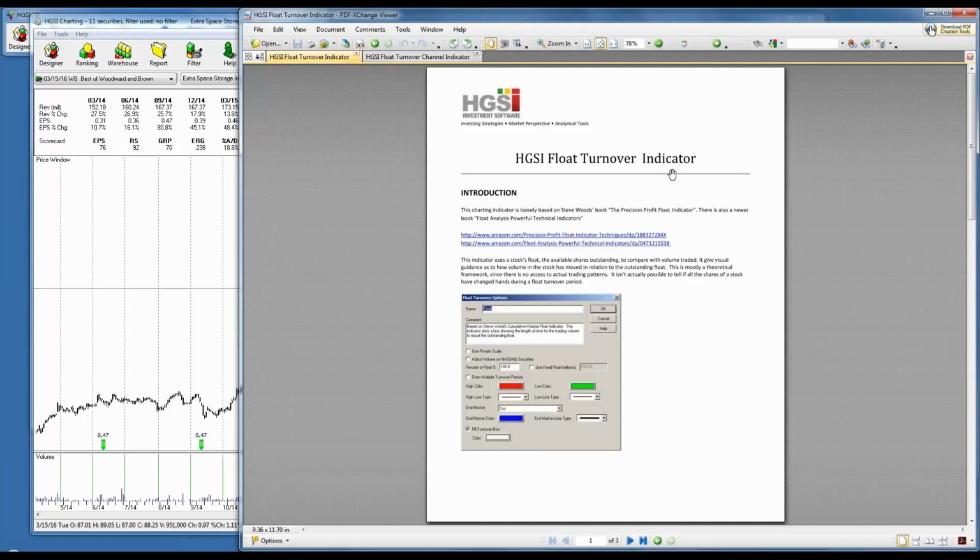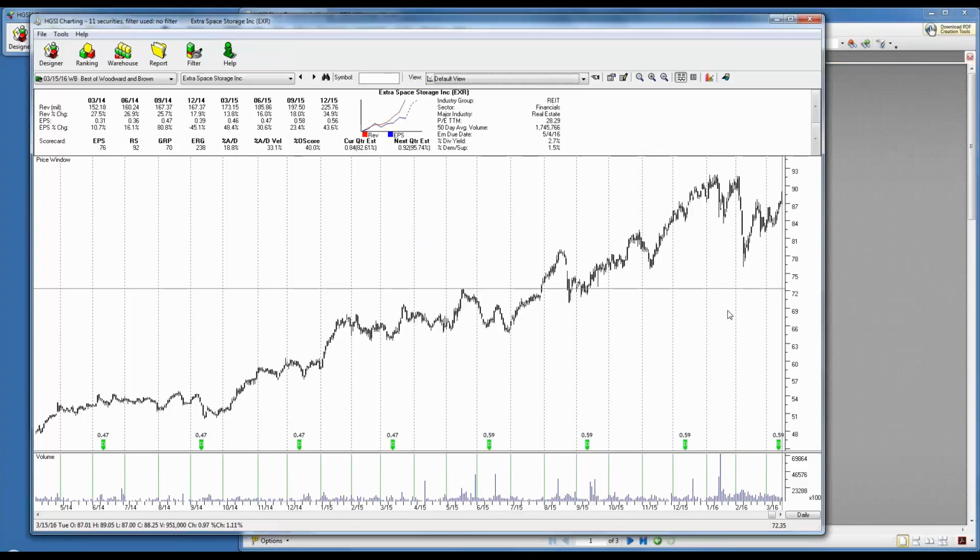Basically, the idea here is that a stock, like, here I have just a random stock from yesterday's Best of Woodward and Brown.